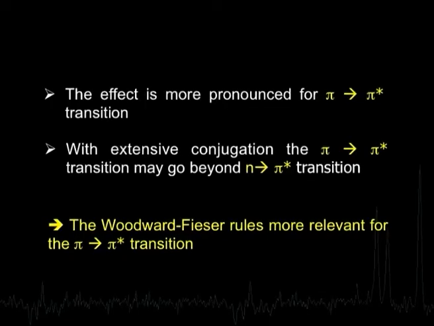If there is an extension of conjugation, there can be so much bathochromic shift that the pi to pi star transition goes beyond the n to pi star transition, and that is a typical observation, because the pi to pi star transition is the allowed transition. So typically these Woodward-Fieser rules, which we are going to take up now, are more relevant for the pi to pi star transition rather than the n to pi star transition.